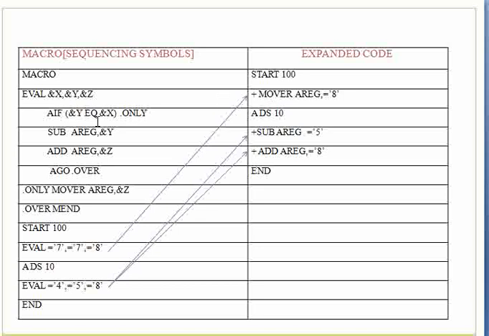I told you it is an advanced macro facility that is used for expansion but does not become part of your expanded code. We only test the condition and see where to transfer our control. So it will check whether the value of y is equal to x. In this case our x value is 7 and y value is 7, so 7 is equal to 7, which is true. So we have to go to that line where .only appears as a label.